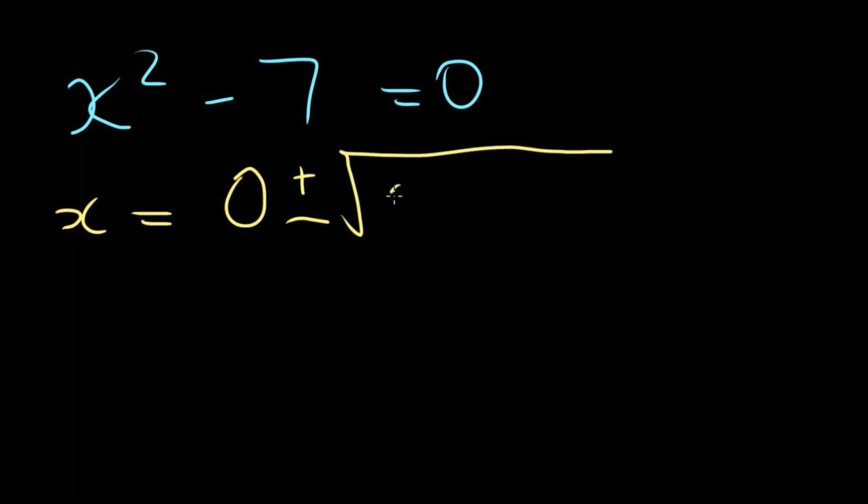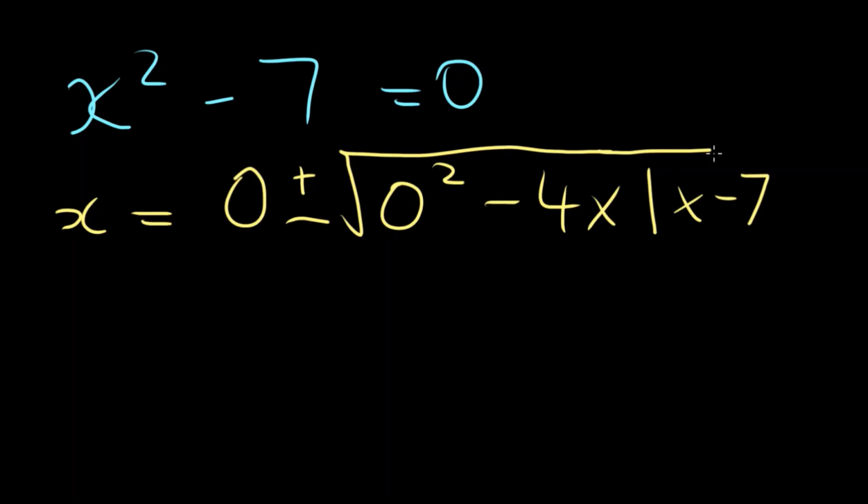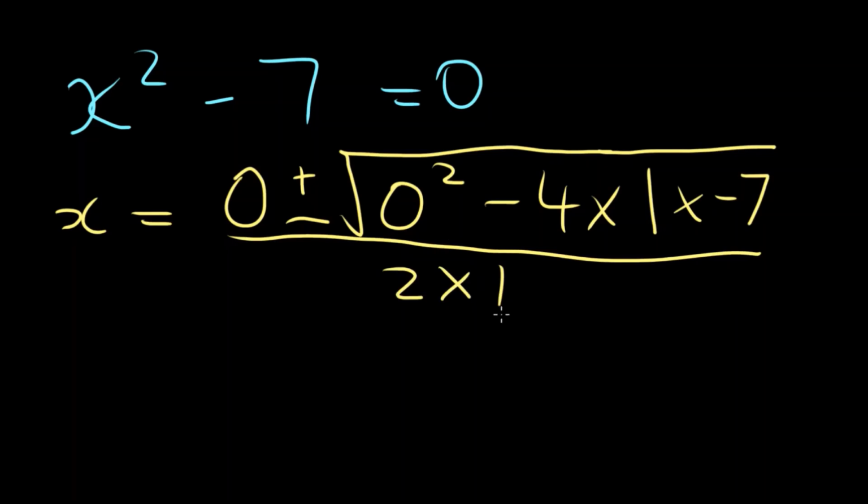b squared, 0 squared, minus 4 times a is 1, times negative 7, all divided by 2 times a, 2 times 1. So we'll get 0 plus or minus the square root.